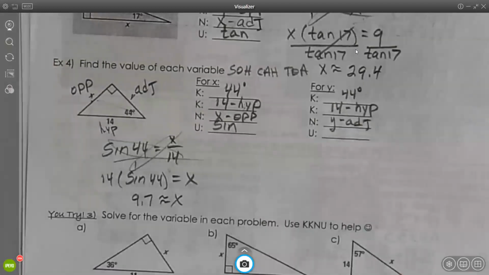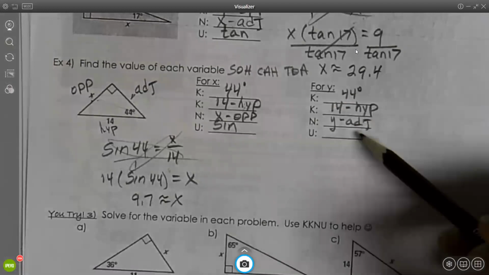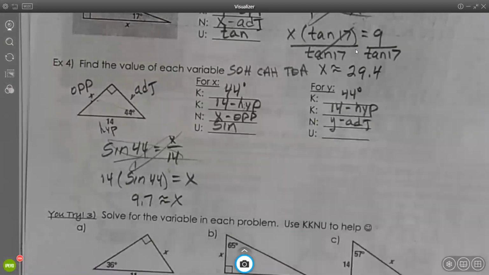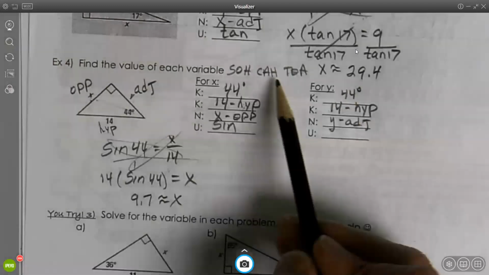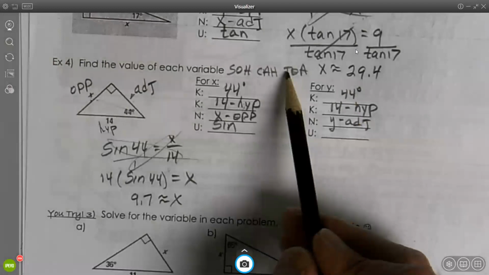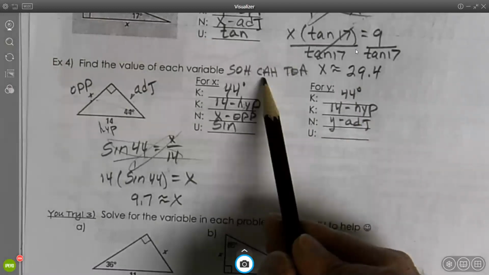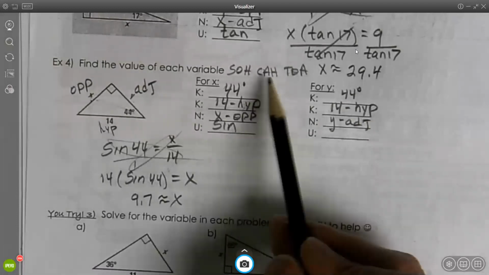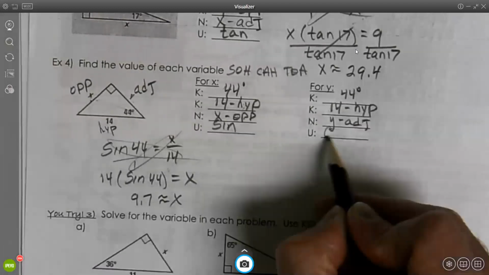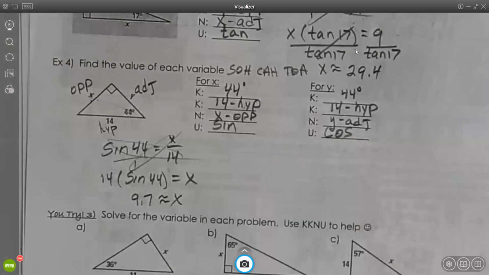So that tells us that we're working with the adjacent and the hypotenuse. So thinking about SOHCAHTOA, the adjacent and the hypotenuse, the A and the H, that's only cosine. Cosine is the only AH involved. So we're going to use cosine.